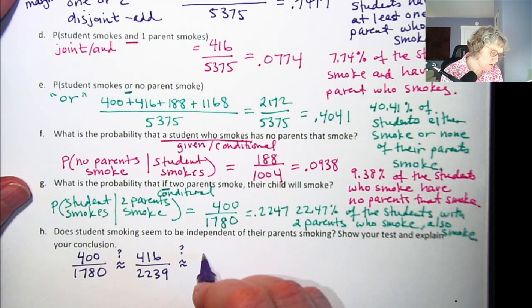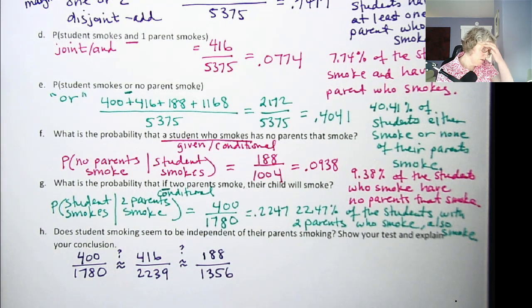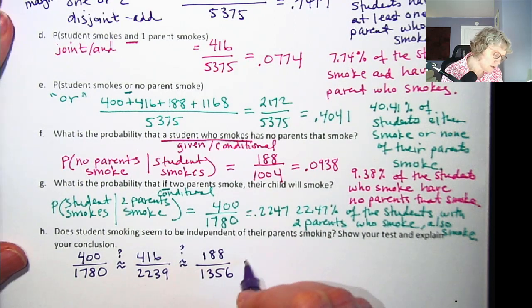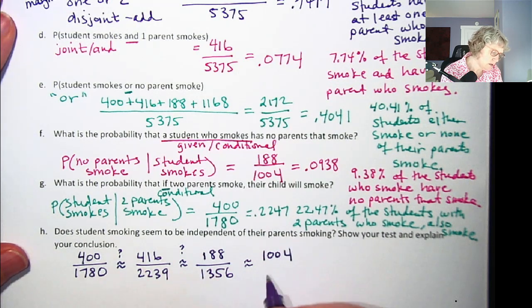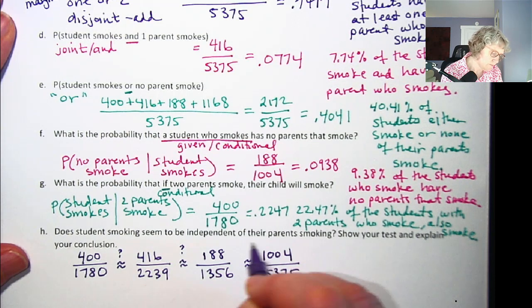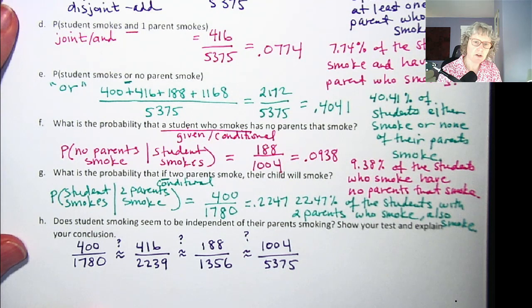Is that approximately equal to 188 out of 1356, which is a student smoke given that no parents smoke? And then let's compare it to the overall average of students smoking in general, 1004 out of 5375. Okay, so remember to show what you're dividing so I can see if it's a valid pattern.